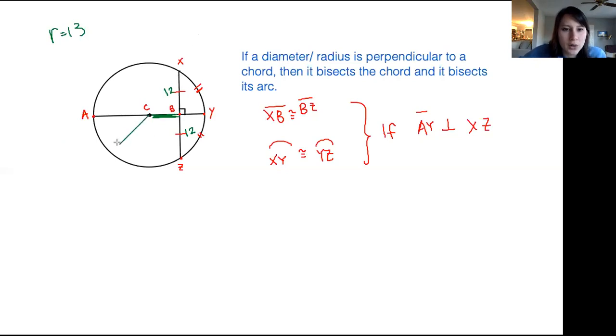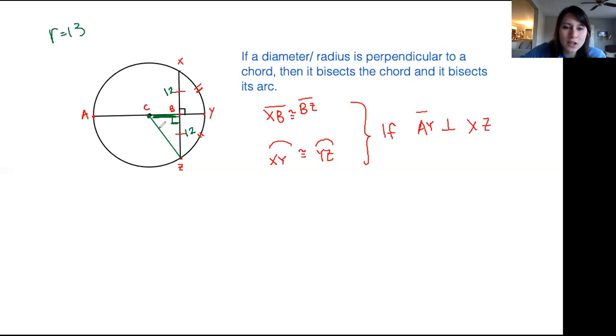We know that I could draw a radius literally anywhere on the circle, right? Anywhere from the center to the outer edge creates a radius. So if I go all the way to the end, this is a radius. So here's the cool thing. If I know that these two segments create a 90-degree angle, and I draw my radius from the center to the end of my chord here, I will create a right triangle.